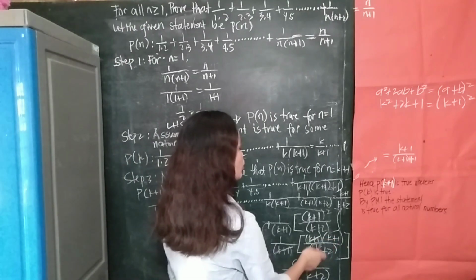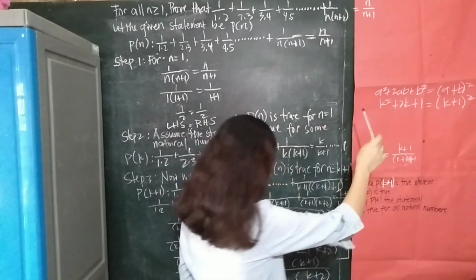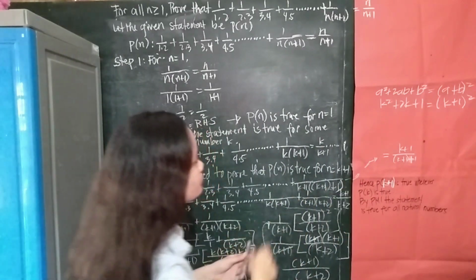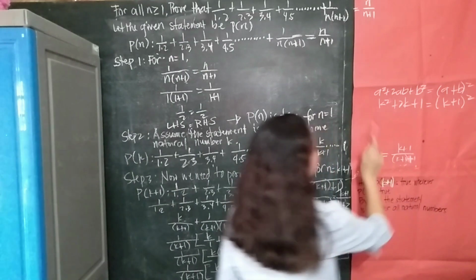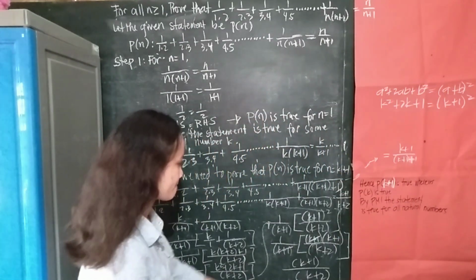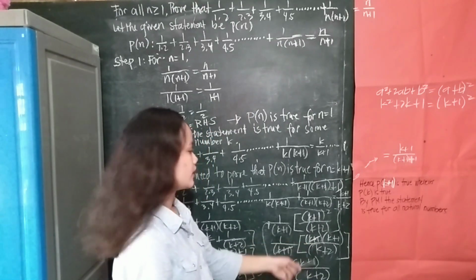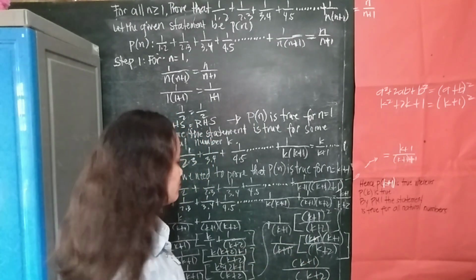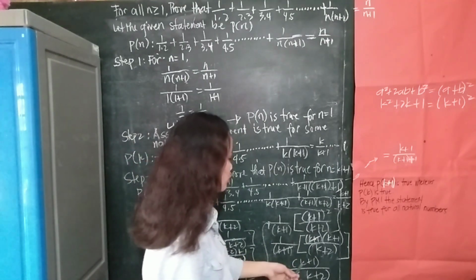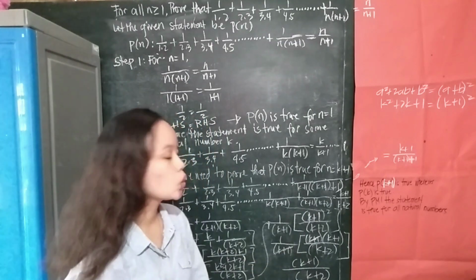We get these terms by using this formula. So we cancel out the k plus 1 and k plus 1, since they are both the same. So our final answer would be k plus 1 over k plus 2.